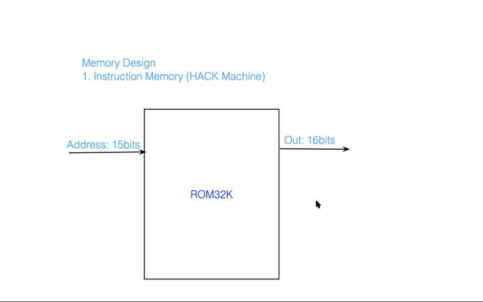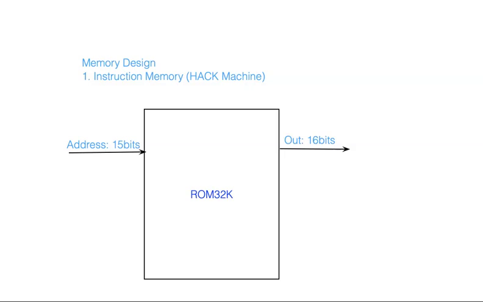Okay, let us see. What is 32K? And then what is the A instruction? Our A instruction is used to give the address of the instruction.